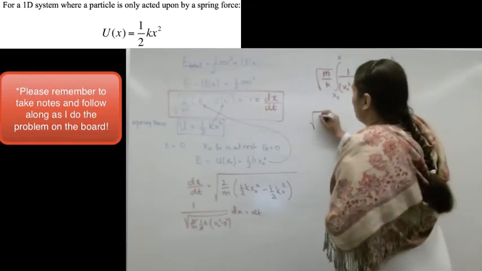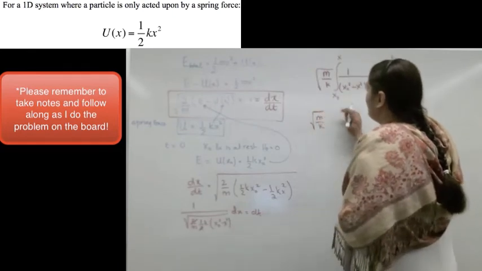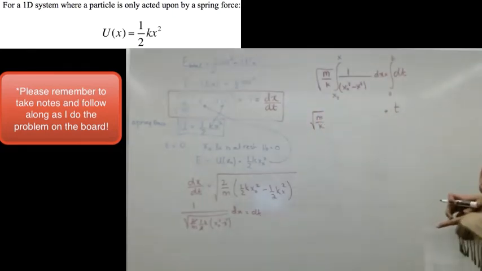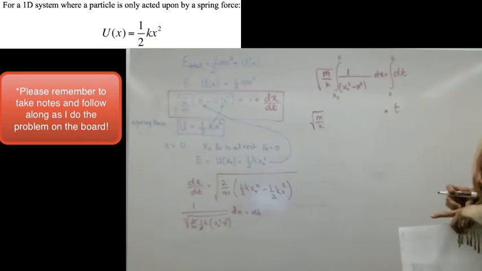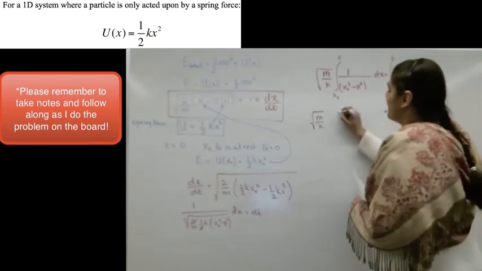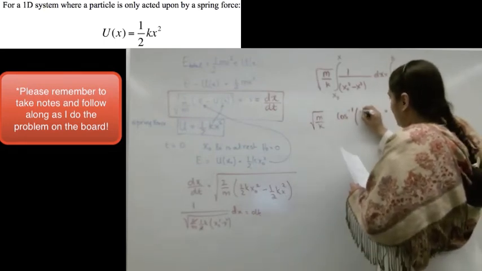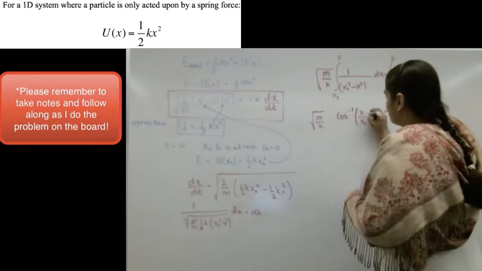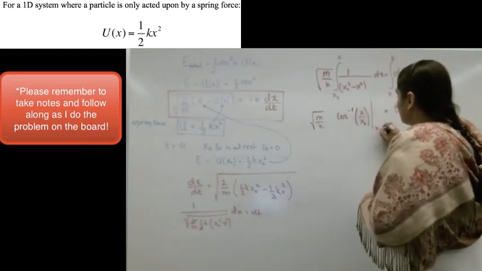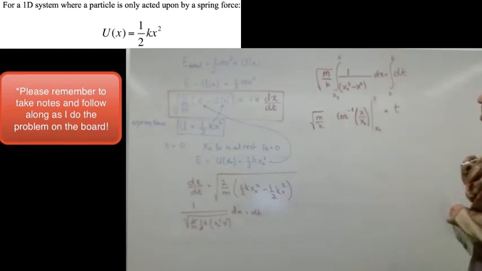And I'm going to still have an m over k here. This side becomes complicated. So if you remember from your Calc 2 class, what should this integration be? This integration actually is cosine inverse of x over x naught from the limits x0 to x.